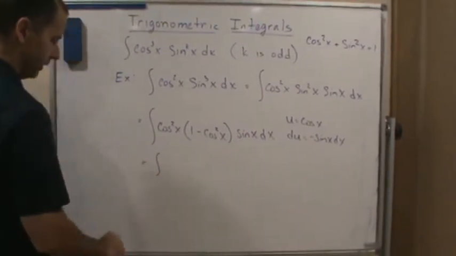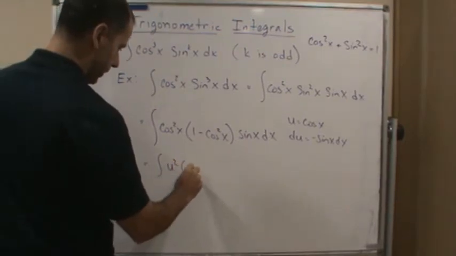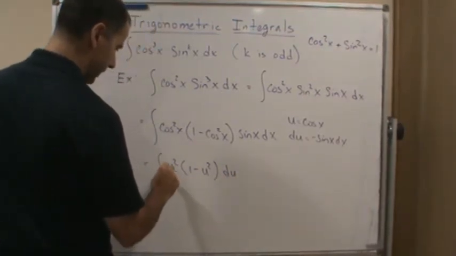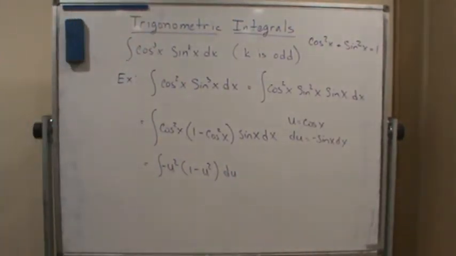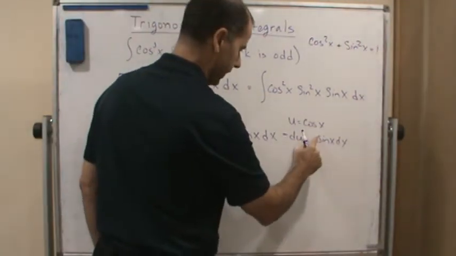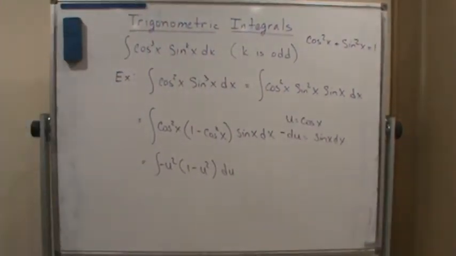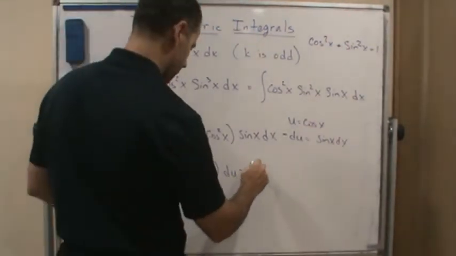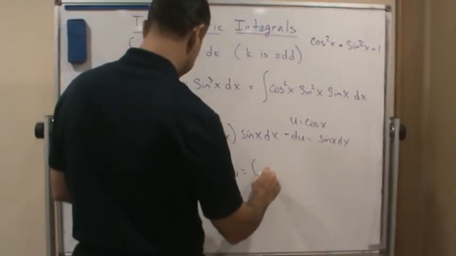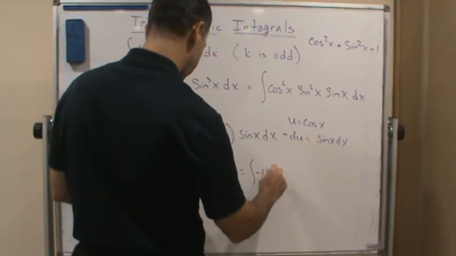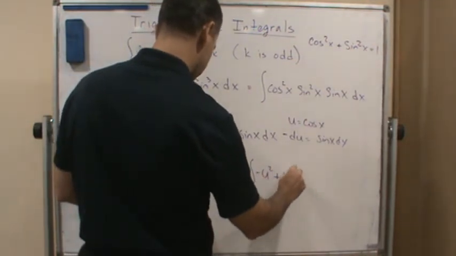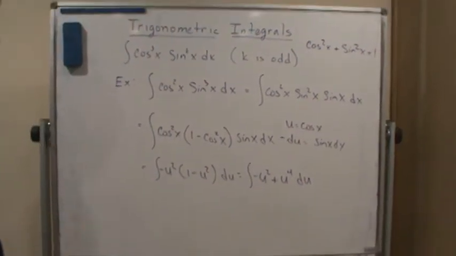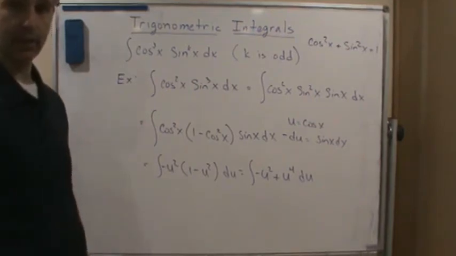This is going to be the integral of u squared times 1 minus u squared du with a negative, because I multiply both sides by negative. Now this becomes the integral of negative u squared plus u to the fourth du. And now I can just integrate term by term.